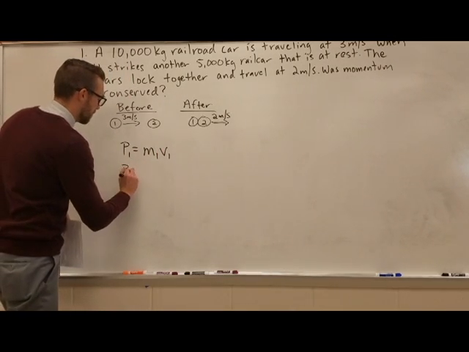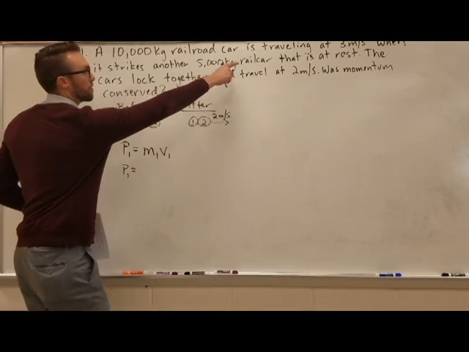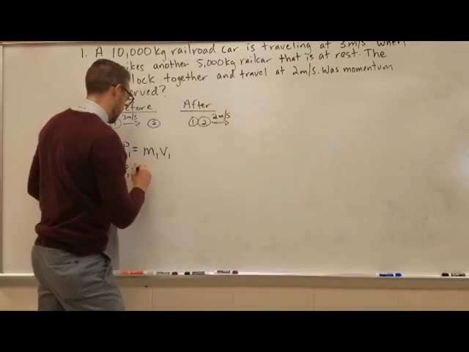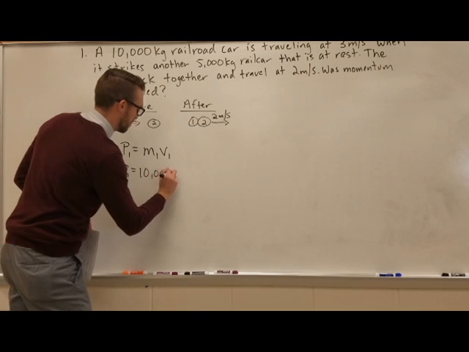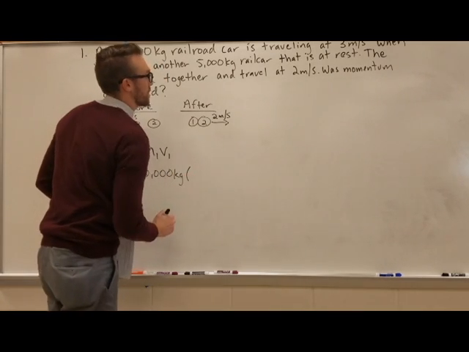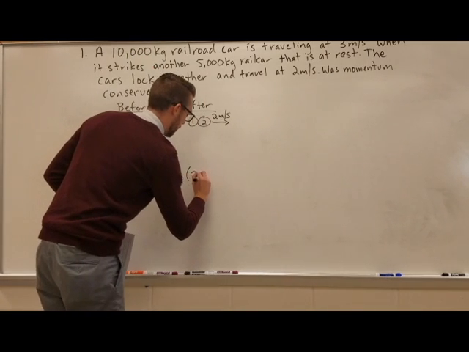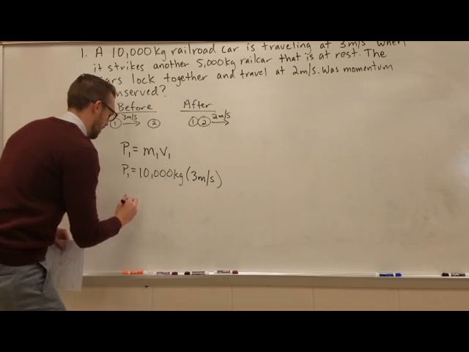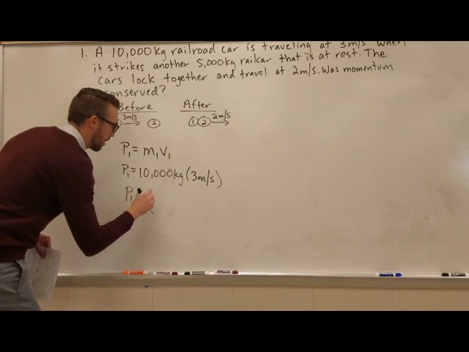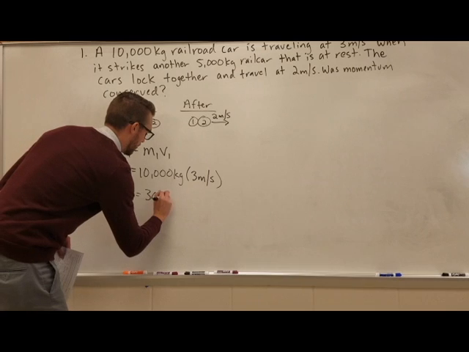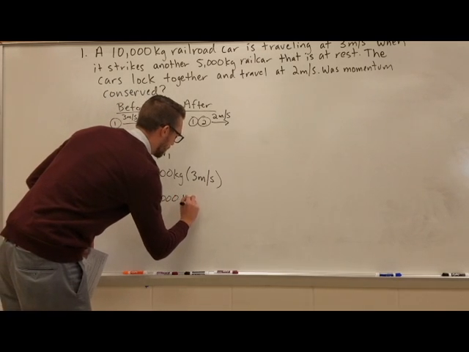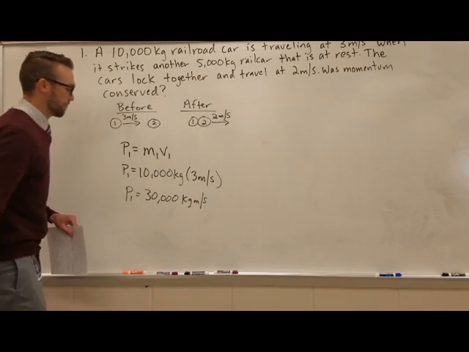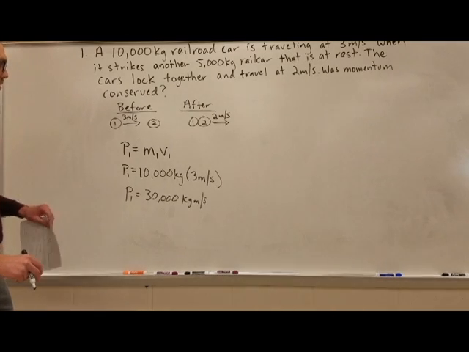So momentum is equal to the mass, which is 10,000 kilograms, times 3 meters per second. And we get a momentum of rail car 1 of 30,000 kilograms meters per second. All right, so that's rail car 1.